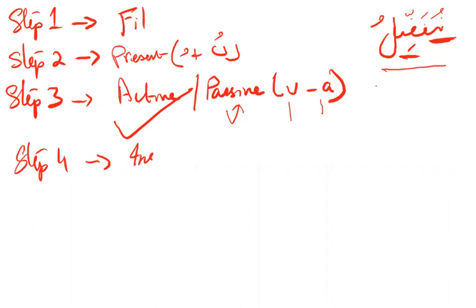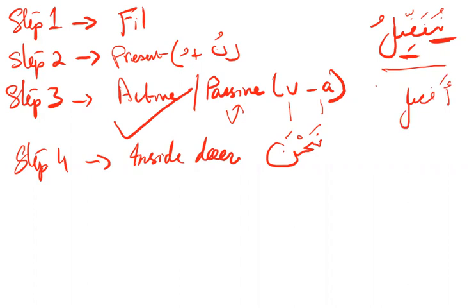Step 4, inside dua: just nahnu. Ana would be ufaddilu. Step 5: you have nu at the beginning and u at the end. How many letters are there? 4.